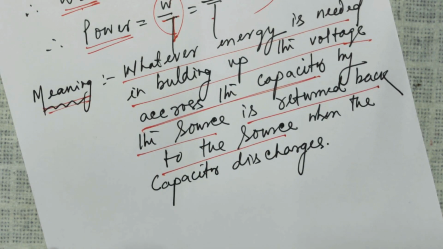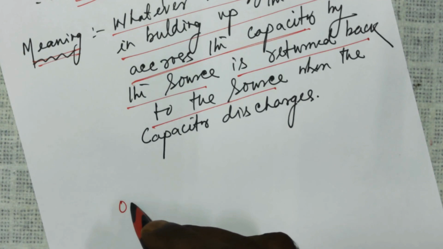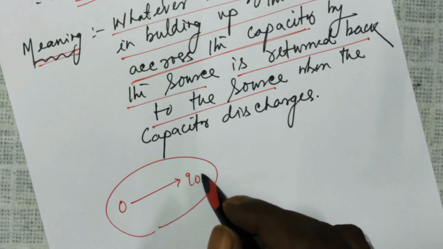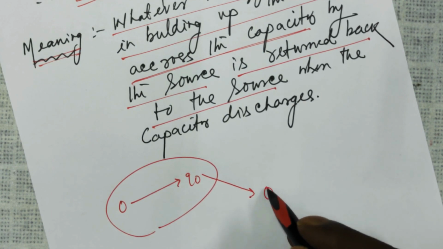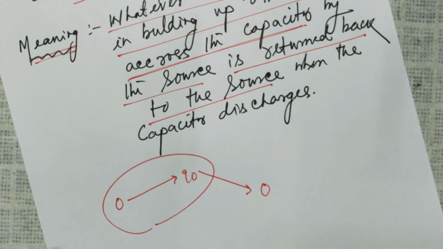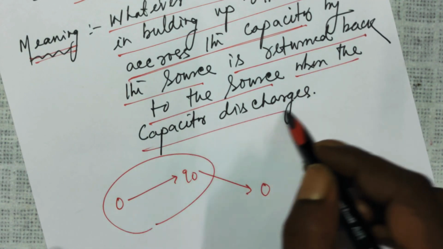Means when the charge goes from 0 to Q naught, the energy is stored, and when it goes from Q naught back to 0, the energy is returned back to the source, right? So that is what it is.